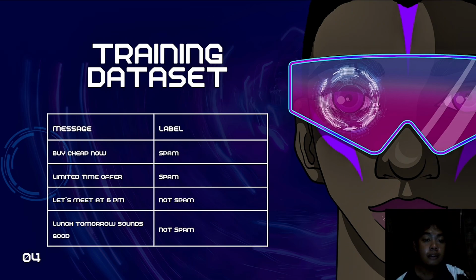First, collect the word frequency in each category. We'll tokenize the words, breaking them into individual terms. The spam messages are: buy, cheap, now, and limited time offer.